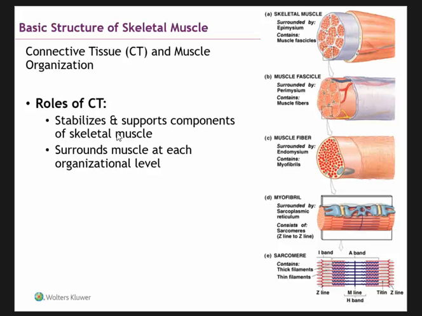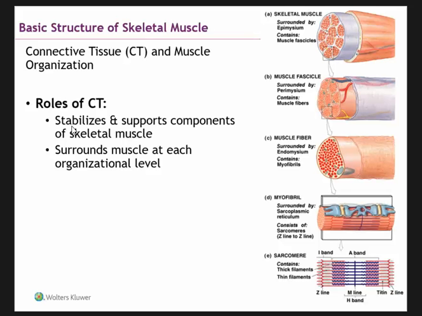But let's talk about this connective tissue a little bit more. We know that connective tissue is all of the structures that surround these components. So what's the main role? We see here stabilizing and supporting those components, and then creating different organizational levels. So it basically connects, supports, binds, and separates it from other tissues.